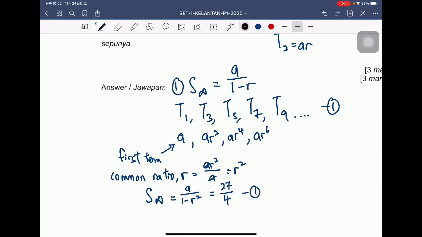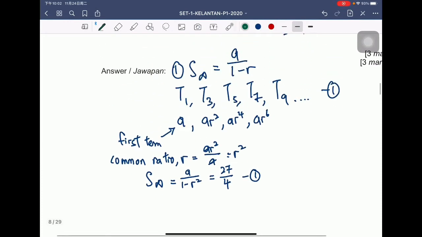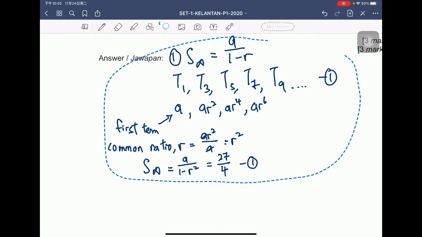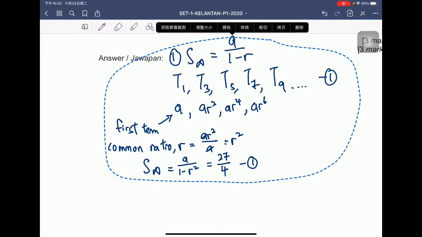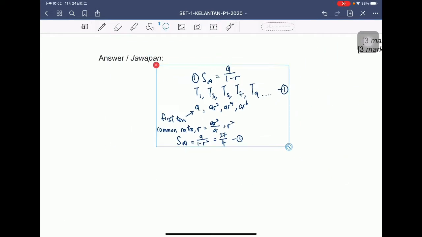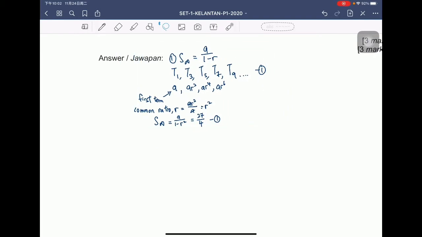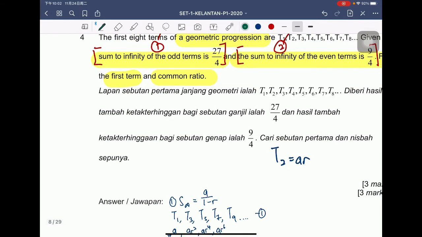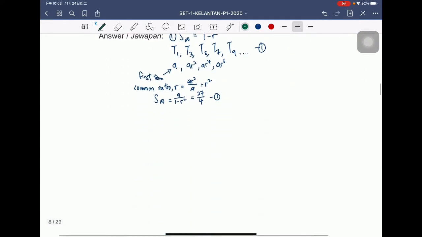For the second equation, I will use the dark green color. For the second equation, the sum to infinity of the even terms is 9/4.